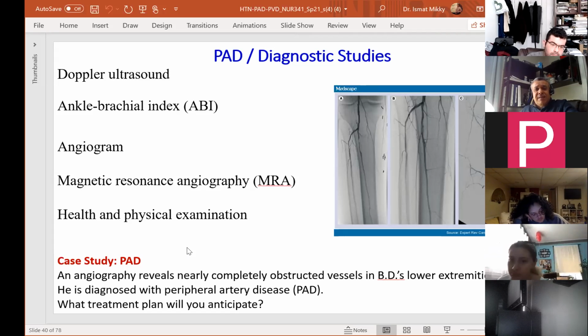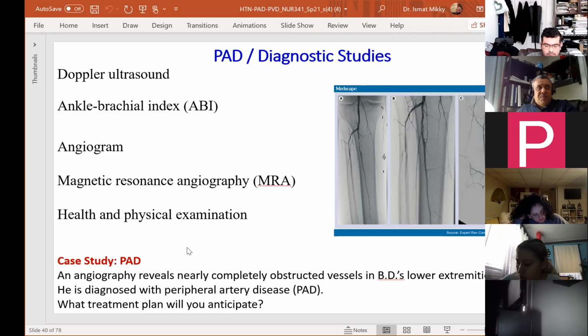And we went over also the signs and symptoms of reduced blood flow to the lower extremity: loss of hair on the lower legs, diminished or absent pedal pulses, pallor of the foot, especially with elevation, hyperemia or redness when the foot is dependent, and skin that is thin and shiny on top.